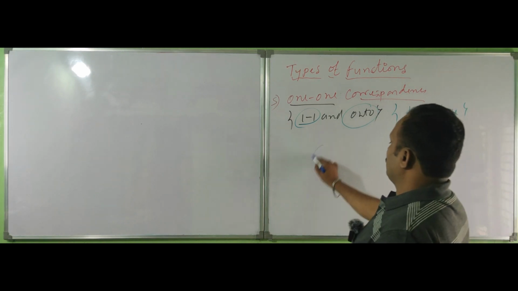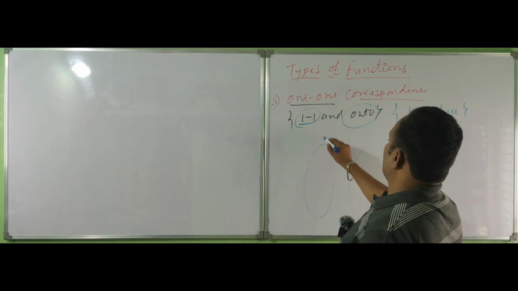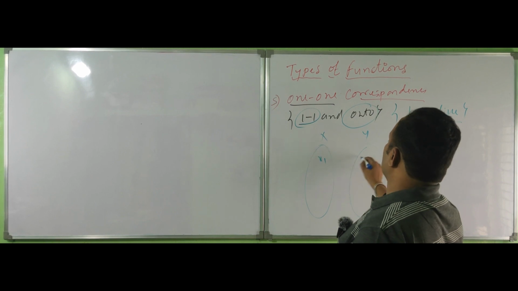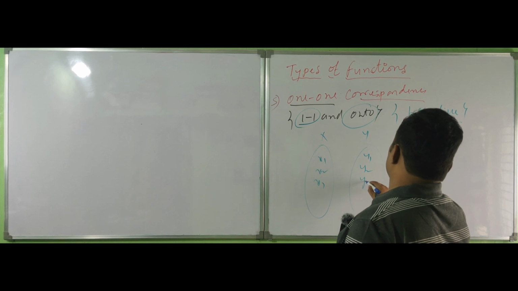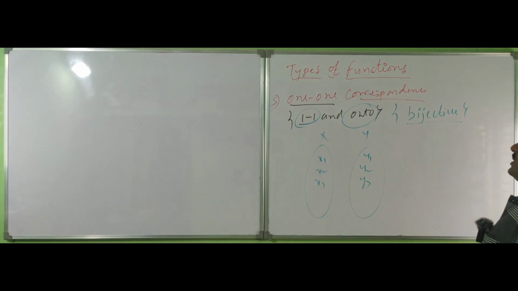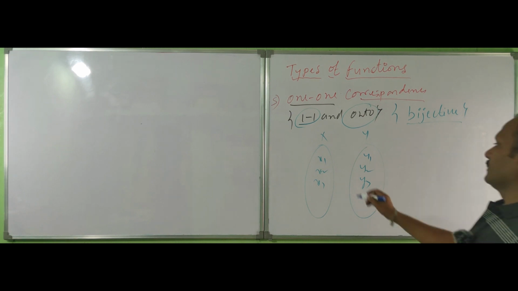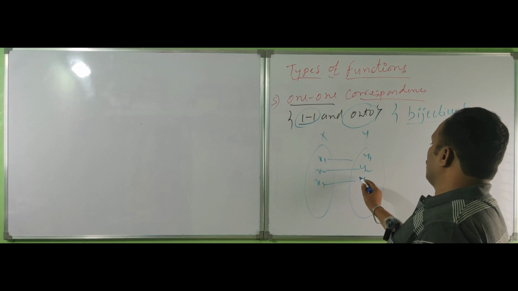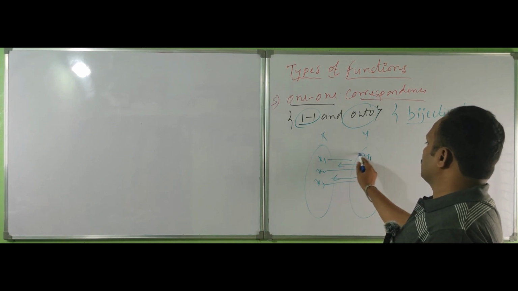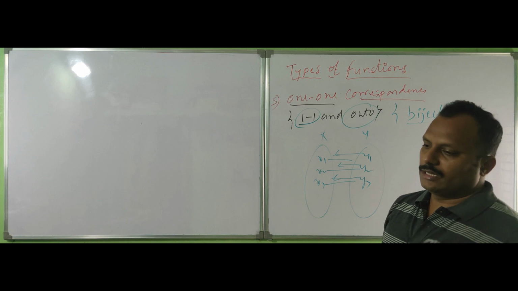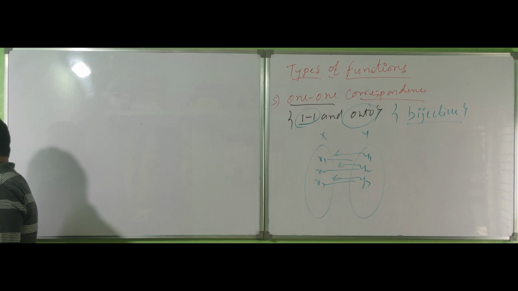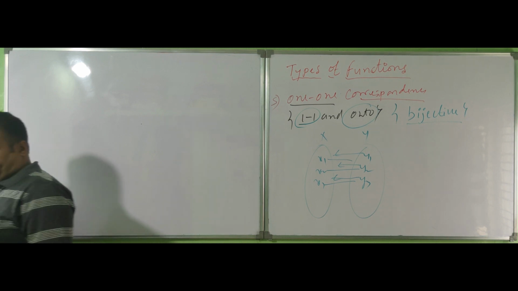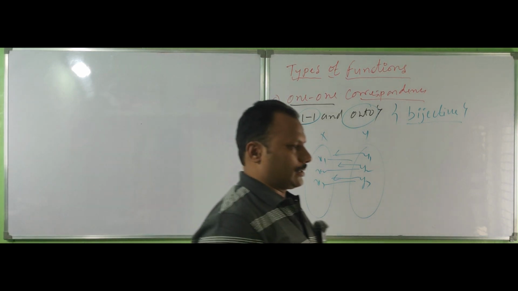There should be one-one mapping: x1 to y1, x2 to y2, x3 to y3, with corresponding elements. There shall be images and compulsory pre-images. That is called one-one correspondence.